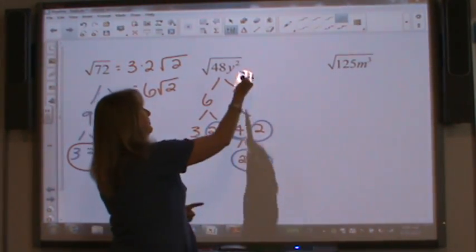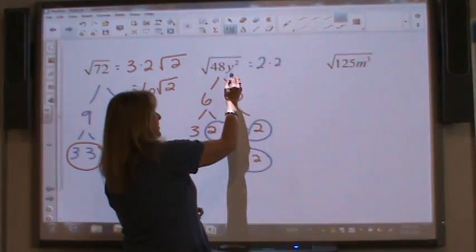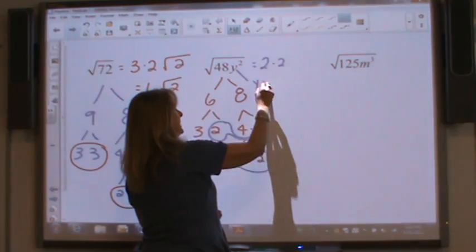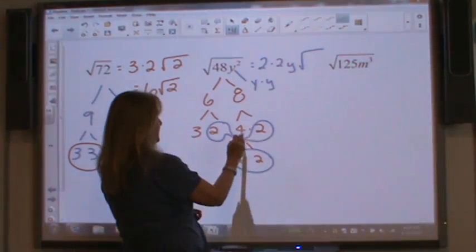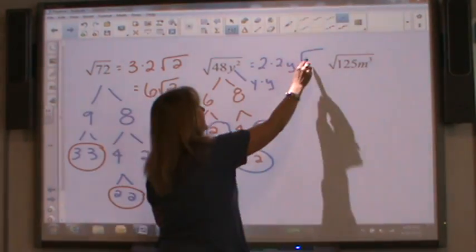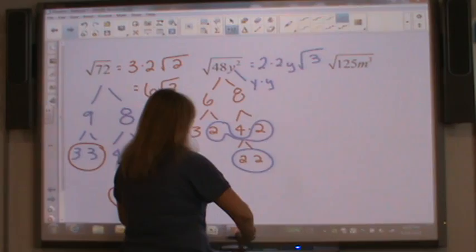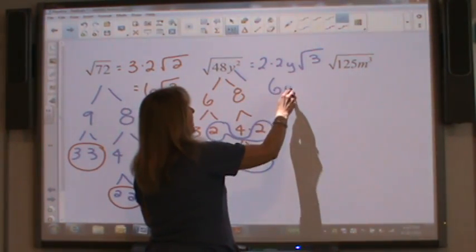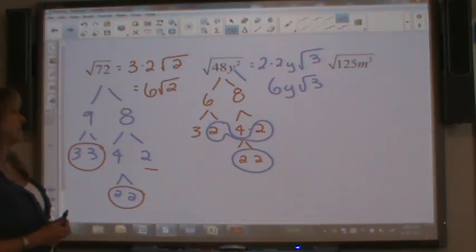So that means I can put on the outside 2 times 2, okay? I also have 2 y's right there, so that is a y times a y, so I bring out one of them. And what's left is just this 3. So my final answer for this one is 6y square roots of 3. Okay, so that is a way to simplify.